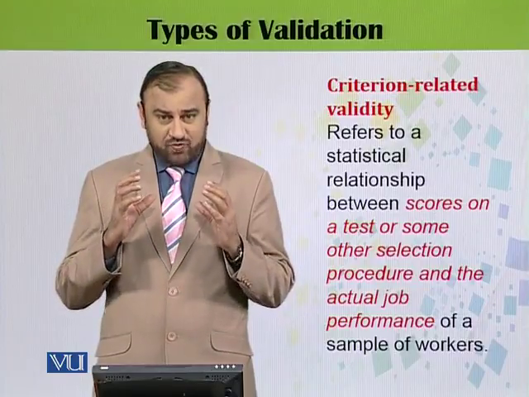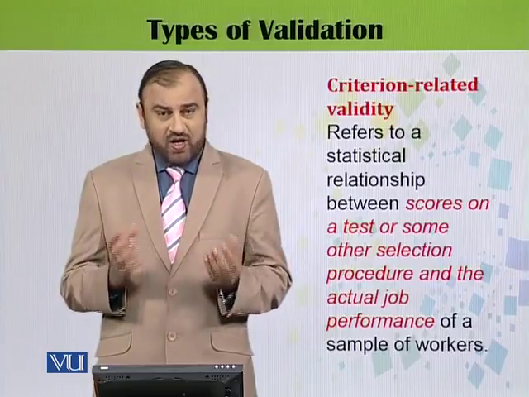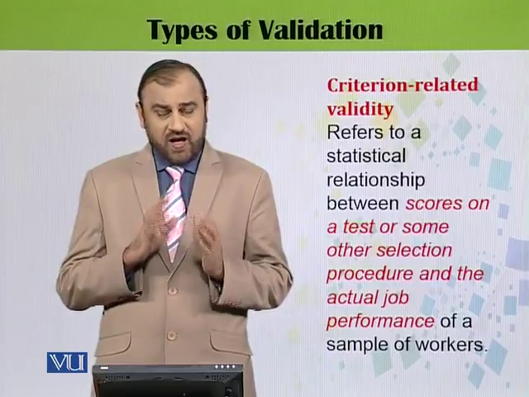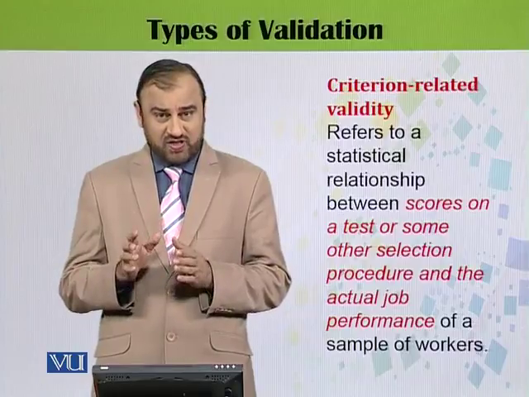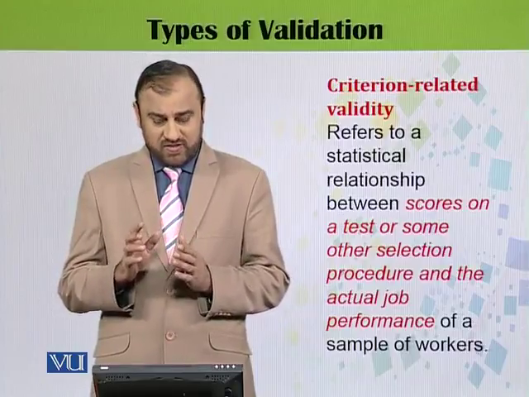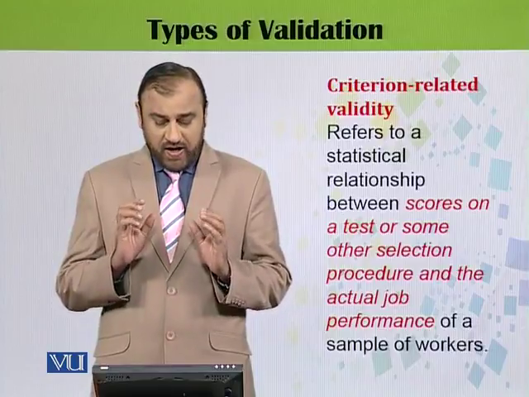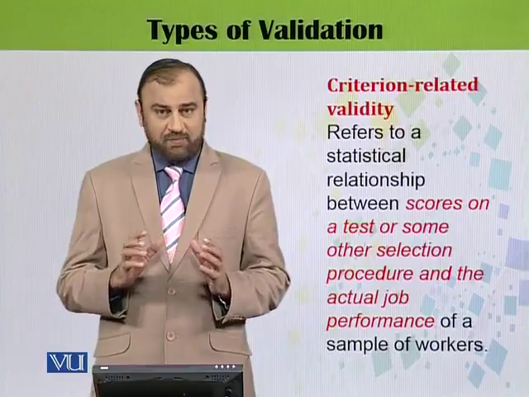We are not focusing only on the test here; we are talking in general. Tests are one kind of employment procedure, but instead of a test, you can use the employment interview, some other selection procedure, or assessment centers. But assume that you have some scores on a test or any other selection procedure, and the actual job performance of a sample of workers.